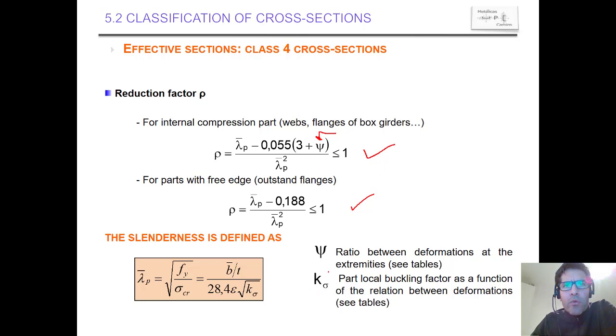So there are two things here that are important to understand, which are k sigma and also psi, which is the ratio between deformation at the extremities.